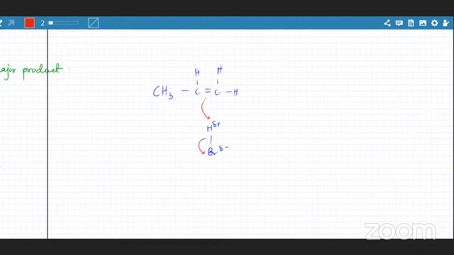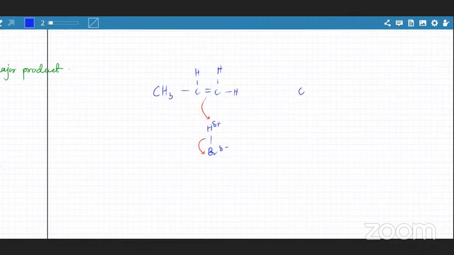So this is what's happening. You're getting a carbocation. So coming back to this, you're going to get two carbocations.